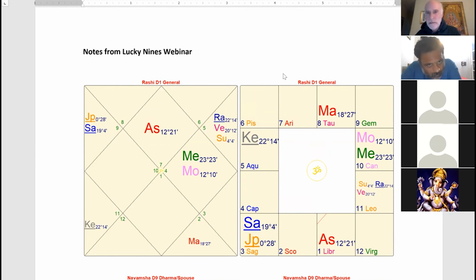It's true, and there's a pretty strong Kendra Sambandha between those two besides Mars aspecting, right? And so, yes, at one point when she graduated school before she got married, she did work a position, right? But she's been very affluent her whole life and really hasn't had to work for that. So it's been money from other sources. So this is a good comment, George. Anything else before we move on?